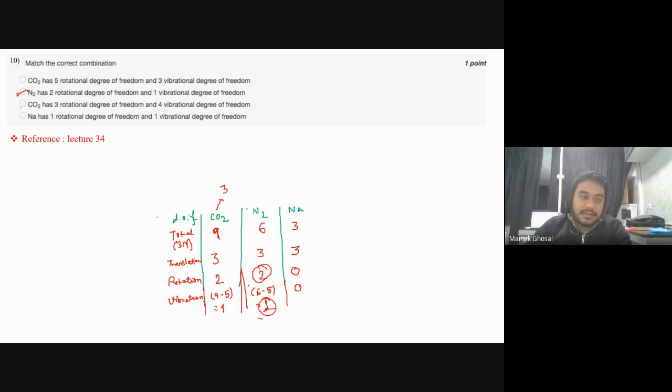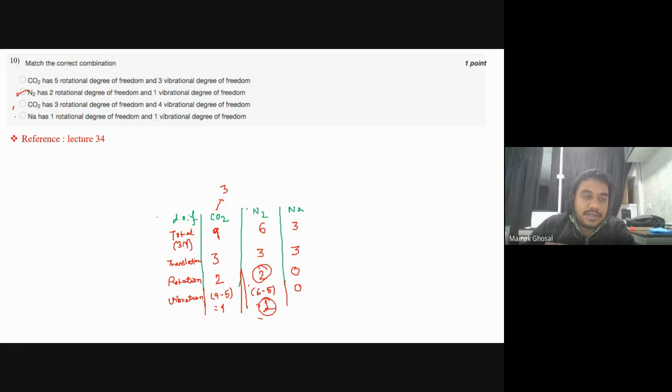Now you have to see if the other answers are correct or not, always see that. Okay. So if CO2 has 3 rotational degrees of freedom and 4 vibrational degrees of freedom, no. Your number of vibrational degrees of freedom is correct, but there are no 3 rotational degrees of freedom. There will be only 2 rotational degrees of freedom. And sodium has 1 rotational degree of freedom and 1 vibrational degree of freedom.